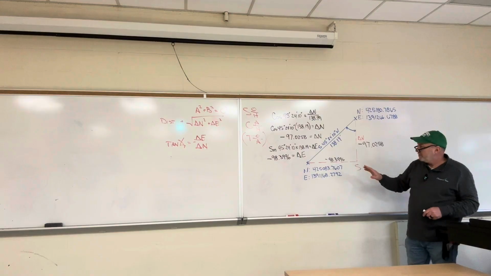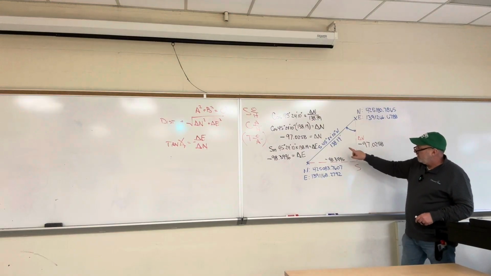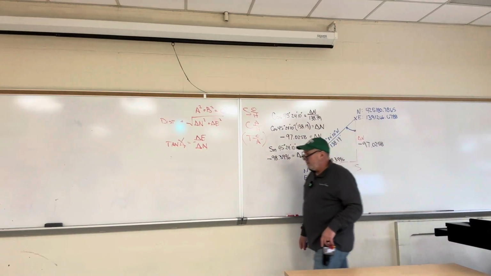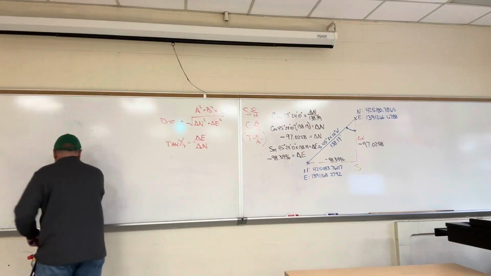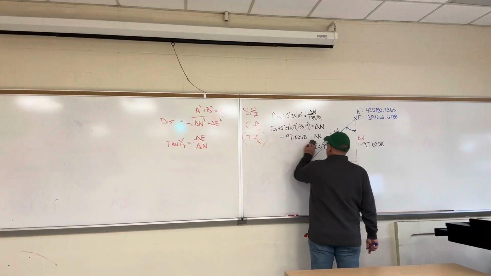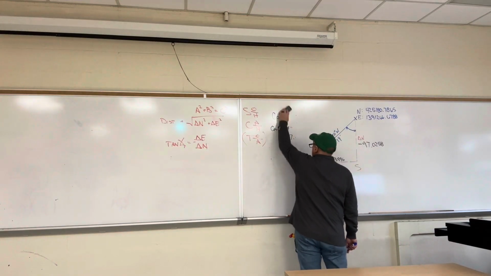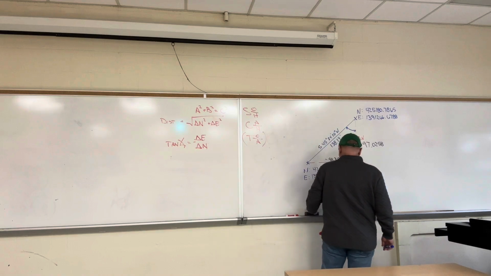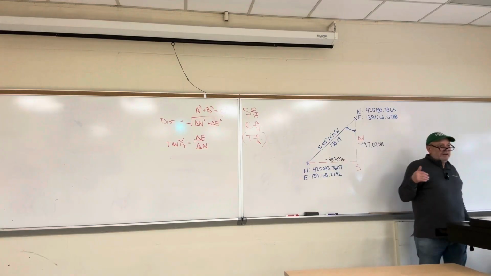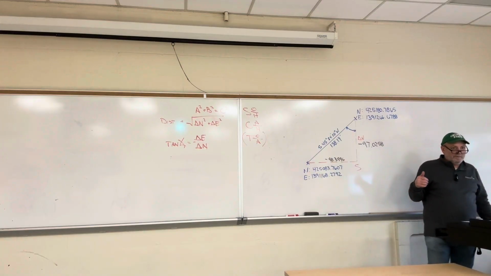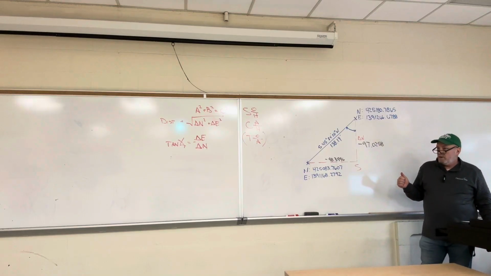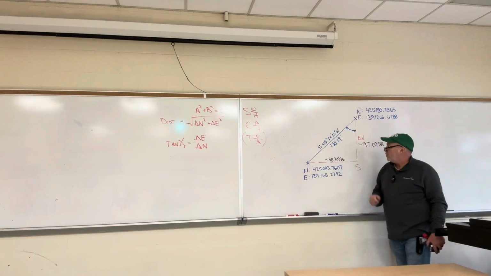Just for the fun of it, let's take this same triangle here and convert this bearing to an azimuth and run through this again real quick. So if I was to convert this bearing to an azimuth, how do I convert that? Correct.